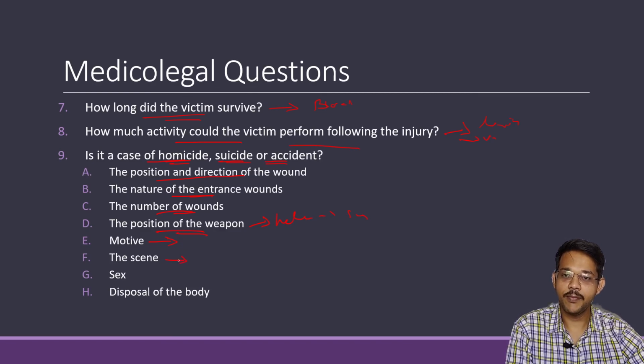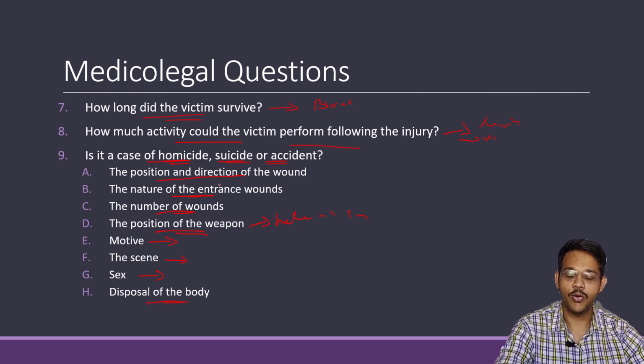The scene of crime also helps in differentiating: in homicide the scene will be disturbed, but in accidental or suicidal cases it will be the same. Sex: suicide is common in males, but this is not so reliable. How the body has been disposed of will also help to determine whether the wound is suicidal, accidental, or homicidal.